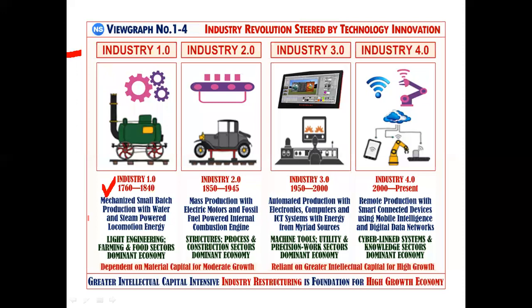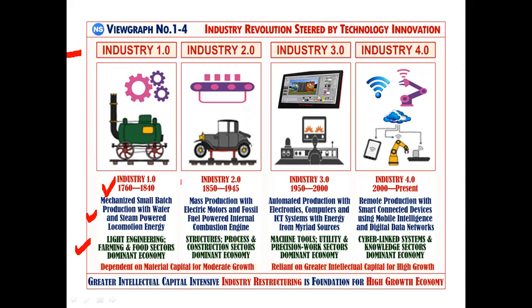The type of mechanized small batch production with water and steam-powered locomotive energy was used during this Industrial Revolution 1.0. And the general type of enterprise at that time was light engineering, farming, food sector dominant economy. Many of our developing countries are still in here. Some have, of course, progressed.